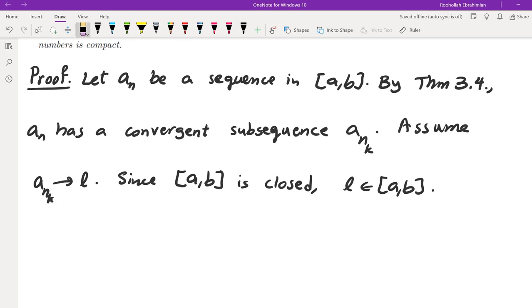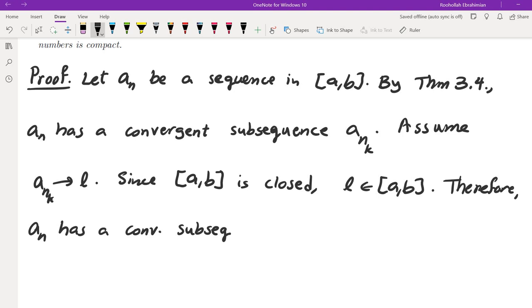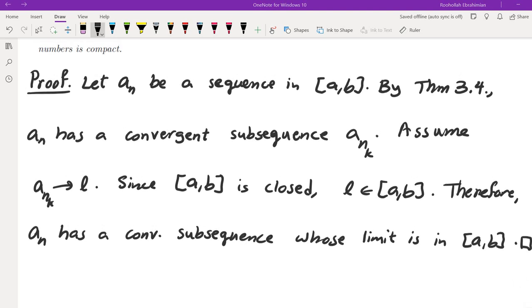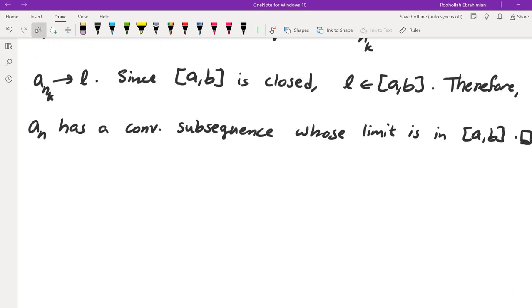So let's just write down one more sentence here. Therefore, a_n has a convergent subsequence whose limit is in [a, b]. And that completes the proof.